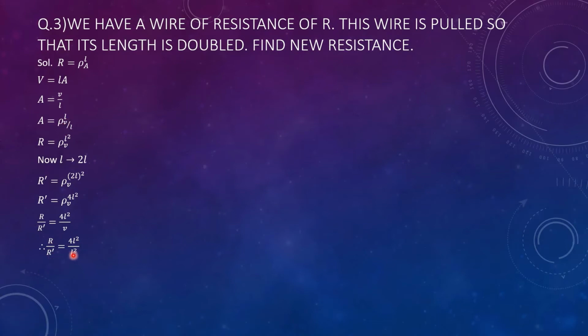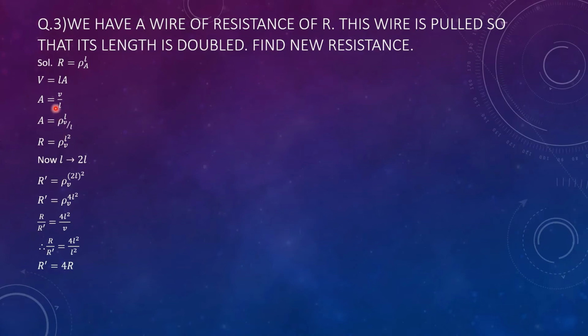R upon R dash equal to 4. On cross multiplying, R dash equal to 4 times of R. So new resistance will be 4 times of given resistance R. Given resistance is R, and new resistance will be 4 times of this R.